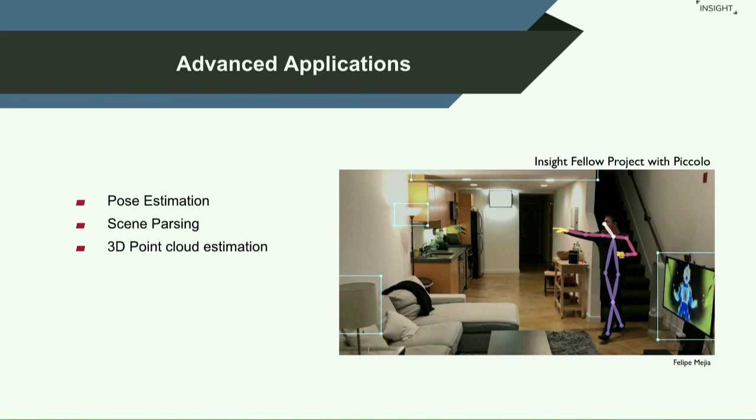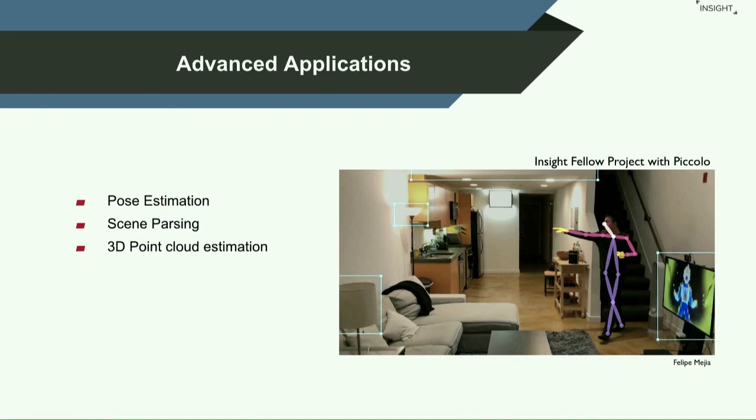Now, advanced applications that leverage deep learning-based CV models can include things like pose estimation, scene parsing, and 3D point cloud estimation from 2D images. The variety of what you can do is actually pretty large once you can do accurate image classification or object detection.